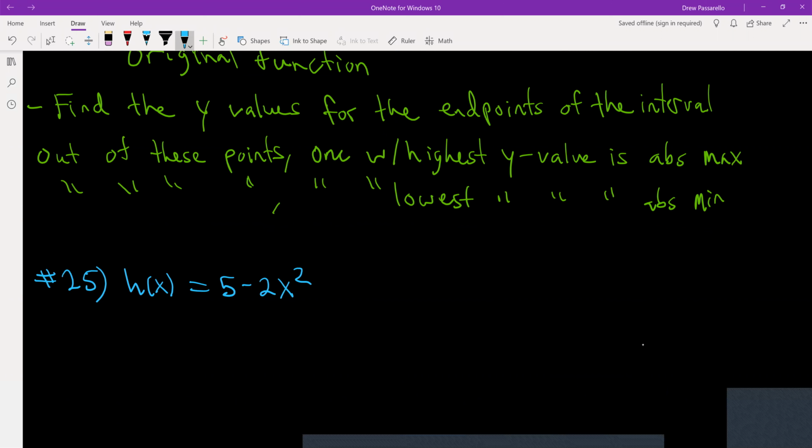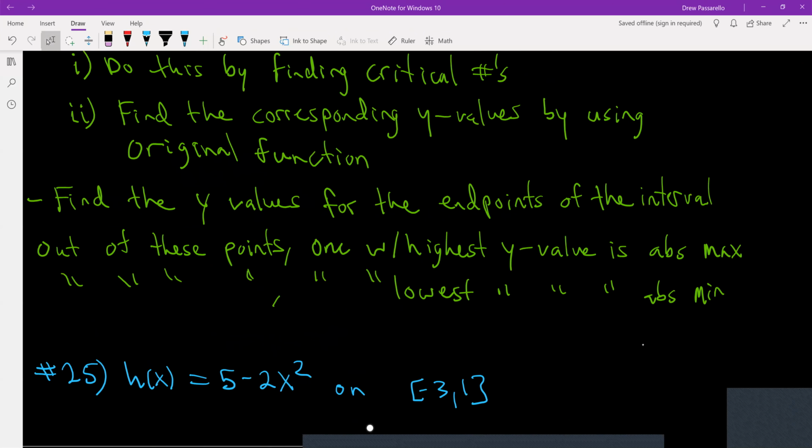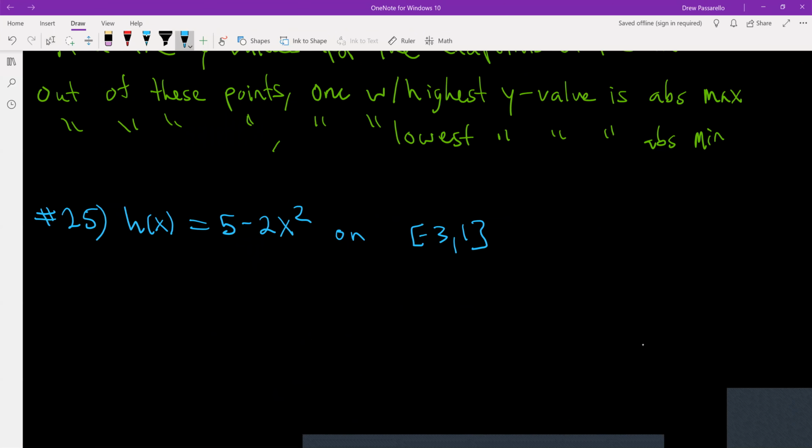So this number 25 is h of x equal to 5 minus 2x squared on the closed interval -3, 1. I first need to find relative extrema, which involves finding the critical numbers. So step 1, let's find any critical numbers.